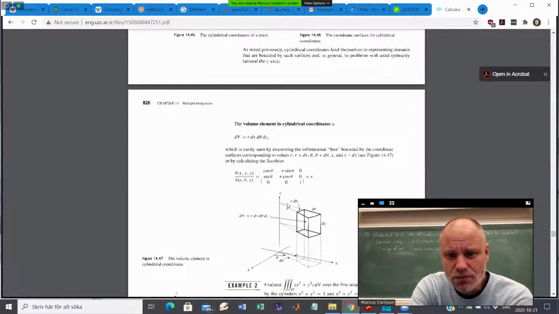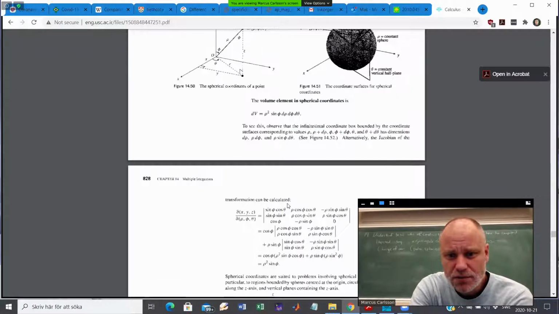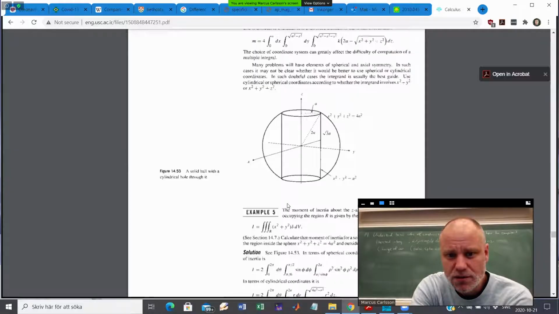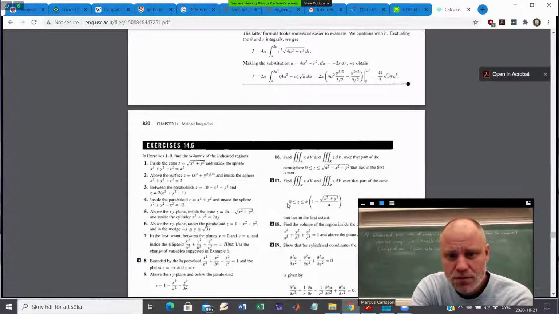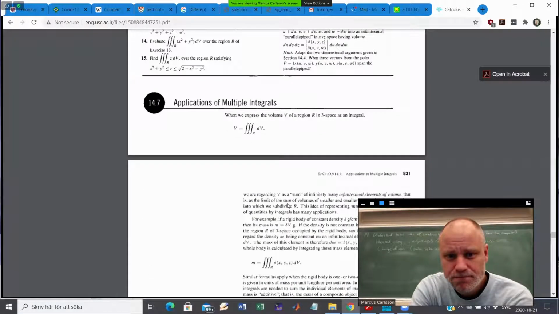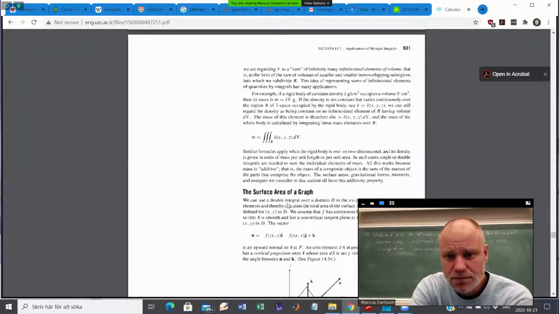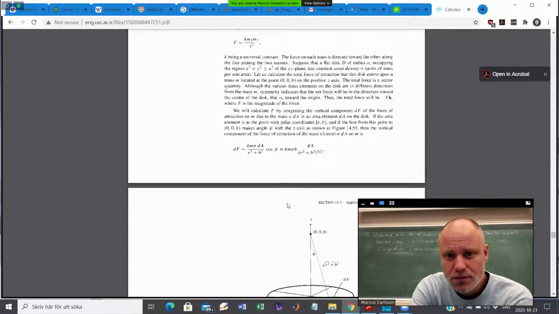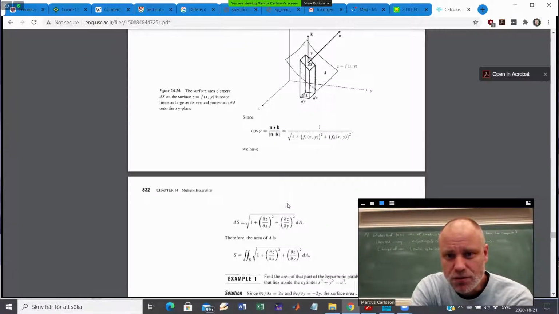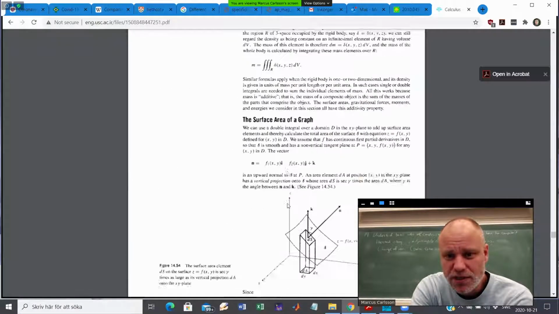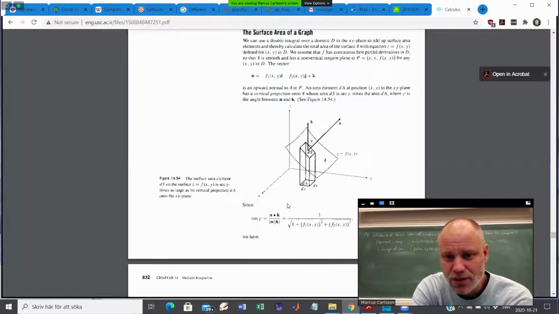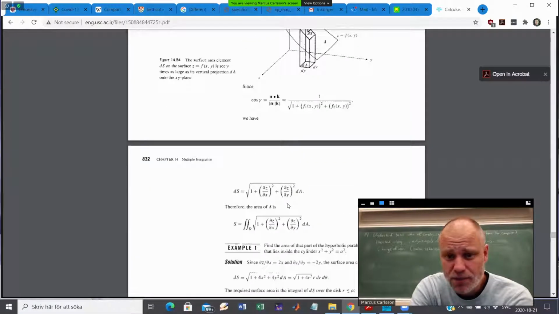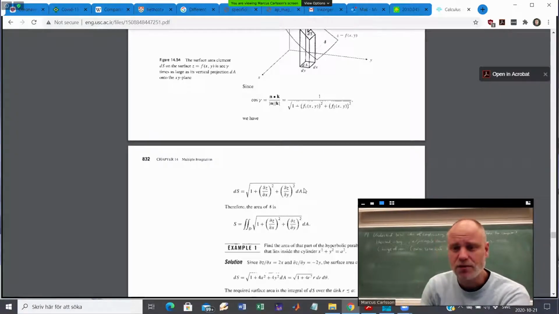Okay, and then we have change of variable again. Here are the spherical coordinates. And that's it. No, there was also surface area. So again, if you remember the derivation of the formula for surface area, great. If not, make sure you remember this formula here, right?